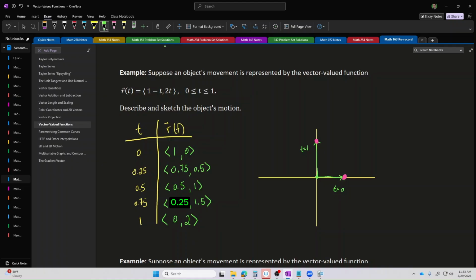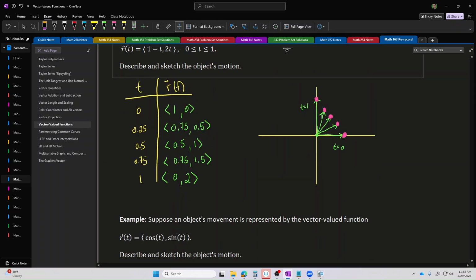So if I draw those vectors in the xy plane from the origin, they're pointing to these three locations in space. They're pointing right here when t is equal to 0.25. They're pointing to this location when t is equal to 0.5. And they're pointing to this location when t is equal to 0.75.